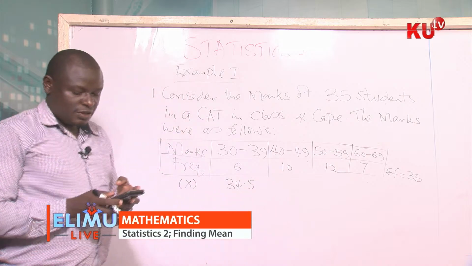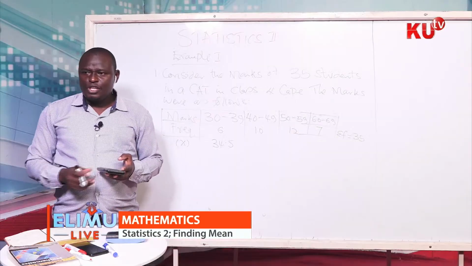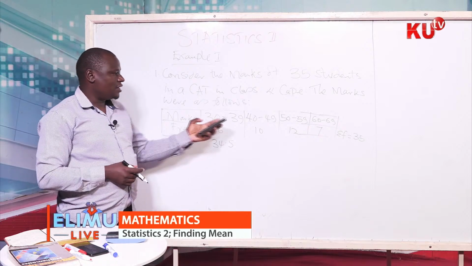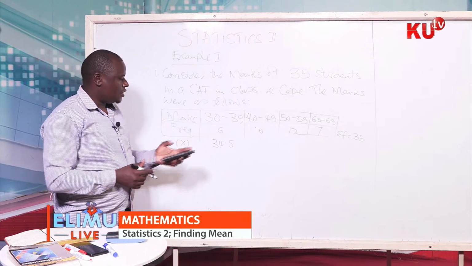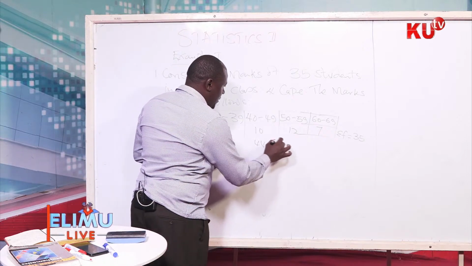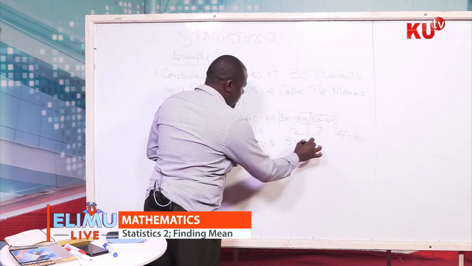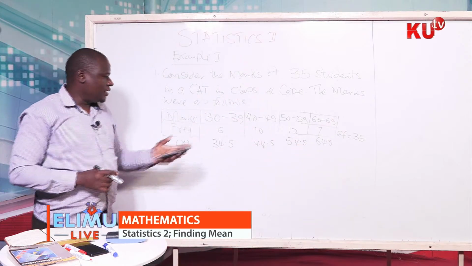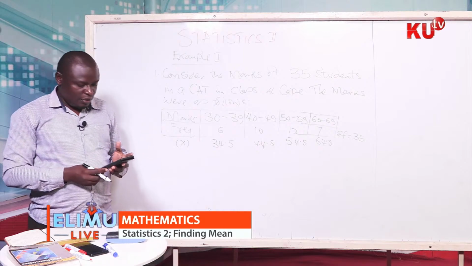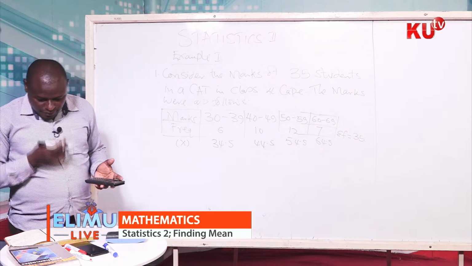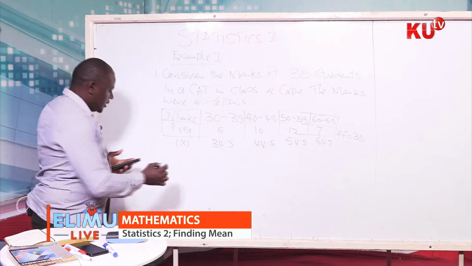You are going to repeat that throughout the table. So you have 44.5, 54.5, 64.5.